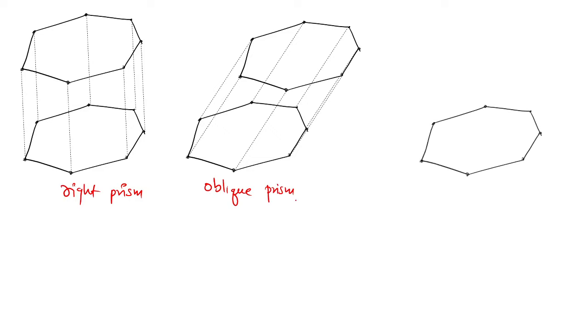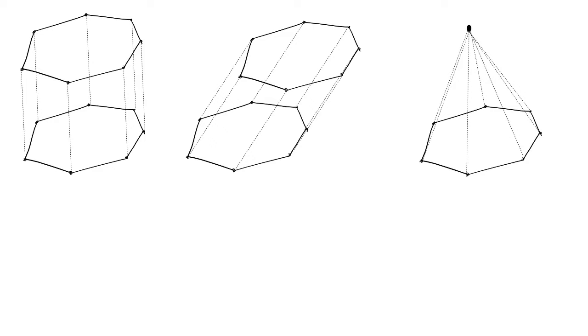And then you can also extrude to a point. When you are extruding to a point, there is no right point unless this is a very regular polygon and it has a center, and then you take some point just above the center and extrude to that. Then you can say that this is the simplest or the right way of extruding to a pyramid. But in general, you don't have that, so you can extrude anywhere and you get a pyramid.